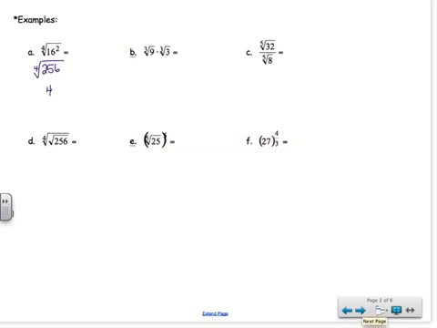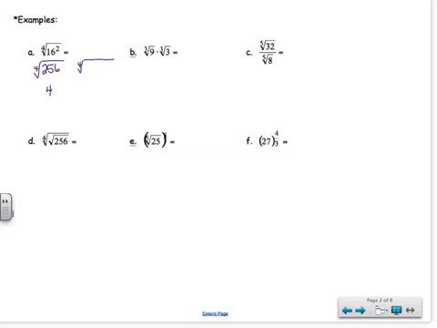But our goal with these radicals and being able to simplify them is to be able to do it in our head without a calculator. If you weren't overly familiar with perfect squares, you may not have known that 16 squared was 256, and that would have made it harder to take the fourth root of that and know it was 4. So here's the alternative way to do it.